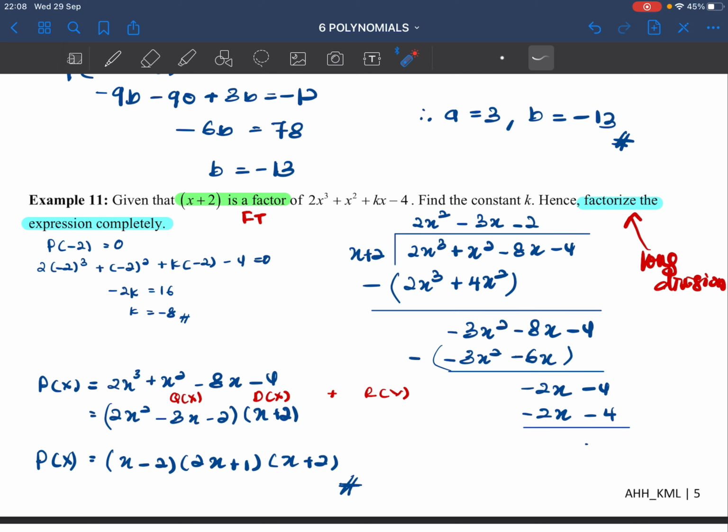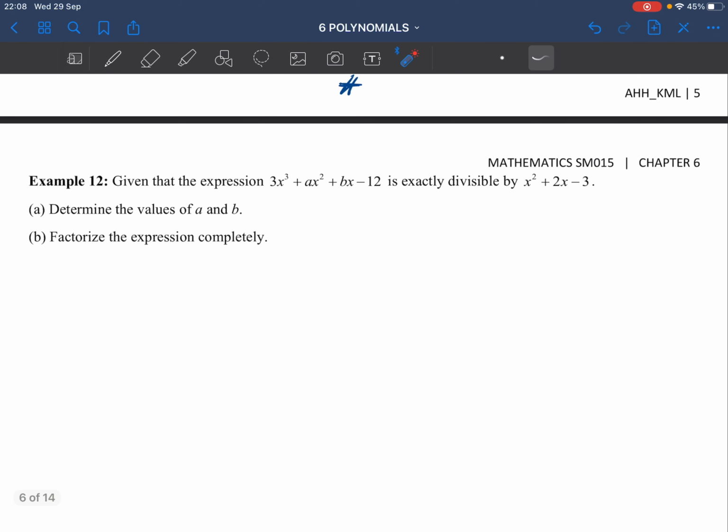Okay, so last part of factor theorem. Let's do this together. The question said, given the expression, this is our polynomial, is exactly divisible. Okay, the keyword is exactly divisible. When it says divisible, it does not mean this is your divisor. When it says exactly divisible, it means when you divide, you will not get a remainder.